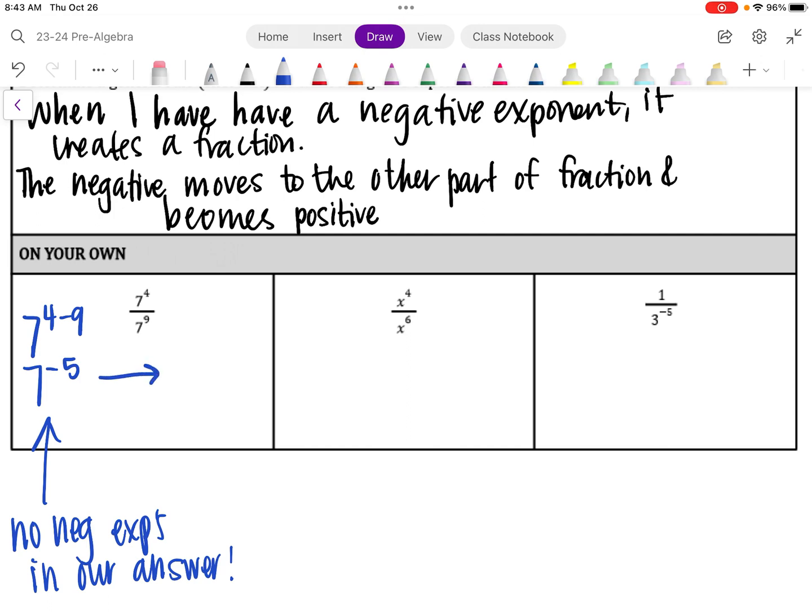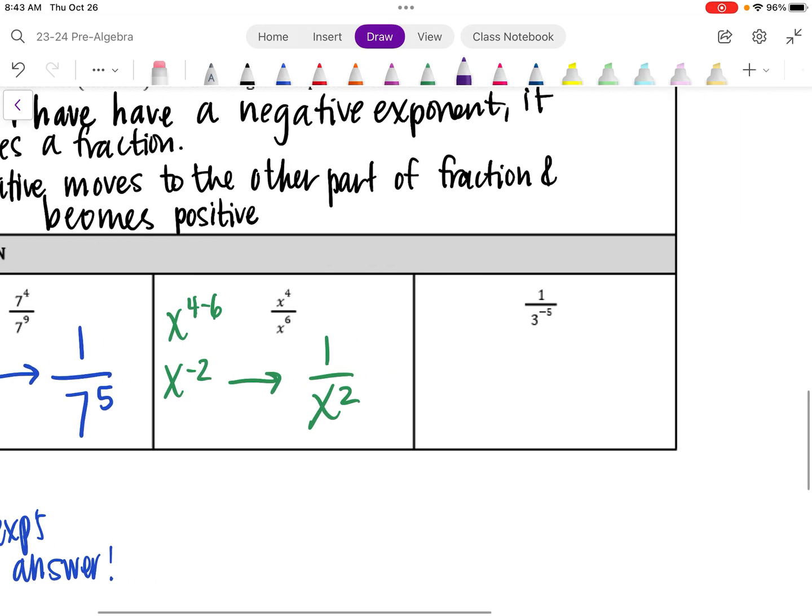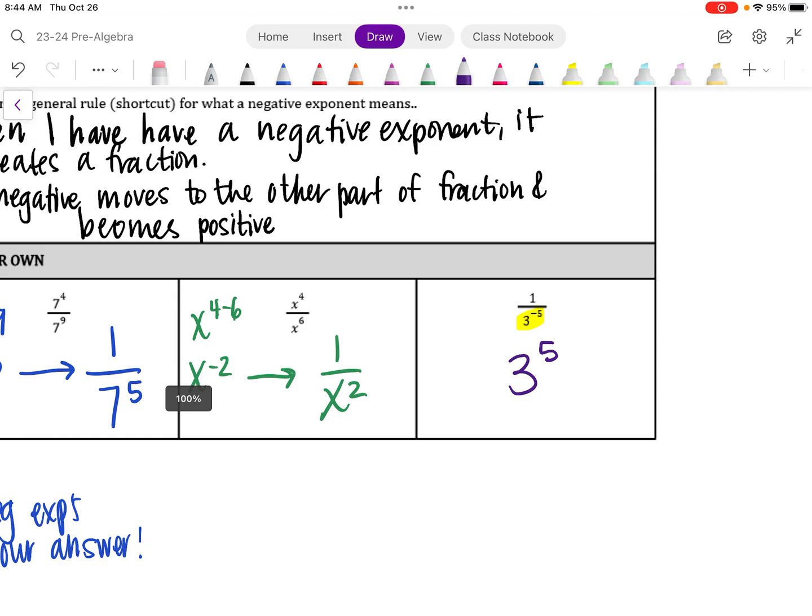So 7 to the -5th becomes a fraction with 1 in the numerator and 7 to the 5th in the denominator. X to the 4 minus 6 is x to the -2, which is going to become 1 over x to the second. And the last one, we've got a negative in our denominator. So what's going to happen is that we're going to bring this denominator to the top, and we're going to make that exponent positive.